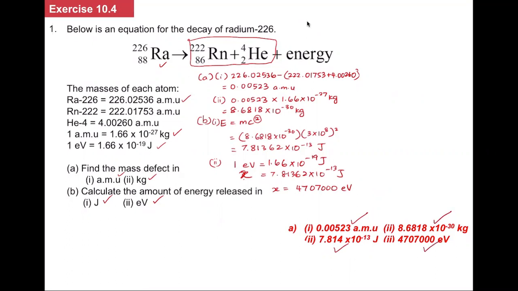Okay. So that is the step on how to get the value for E equals to mc square by using the steps just now.